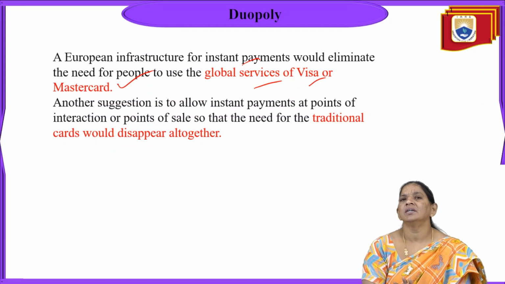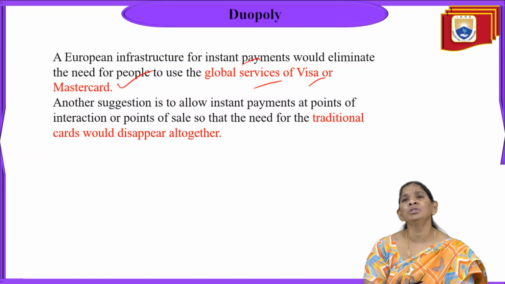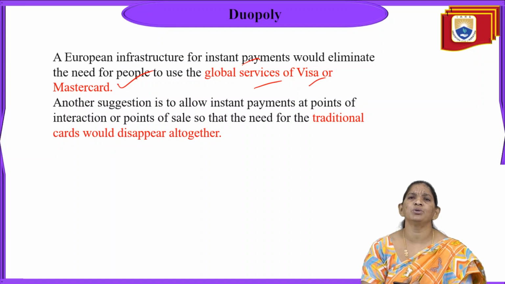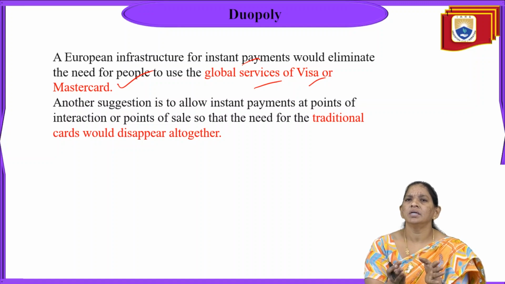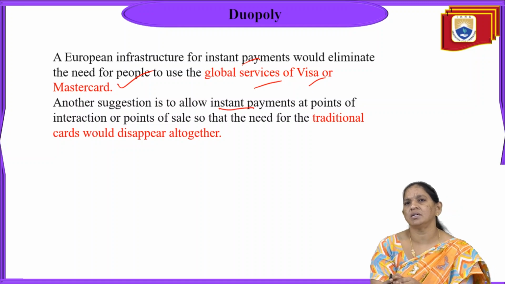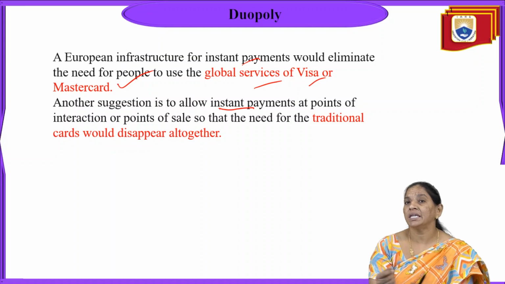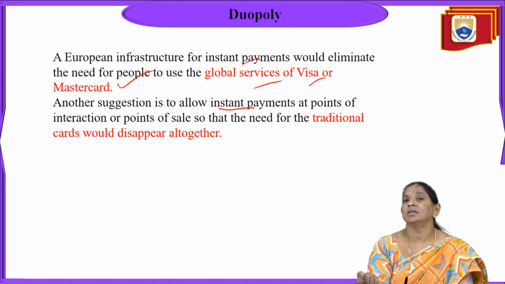In the European markets, we got a suggestion that Mastercard and Visa cards both allow installment payments at the point of interaction or point of sale. When they were introduced, these two were given only for installment payments, that is, for housing loans and other types of loans, credit card payments, and instant payment.